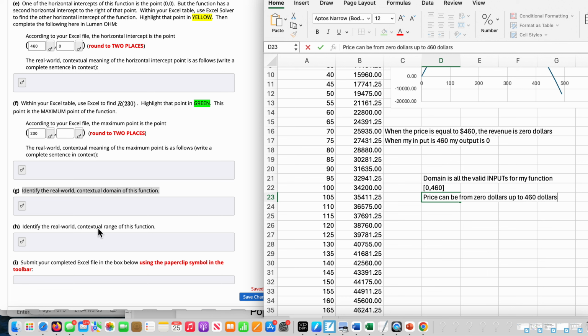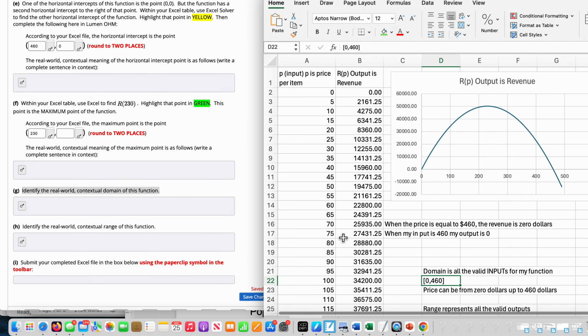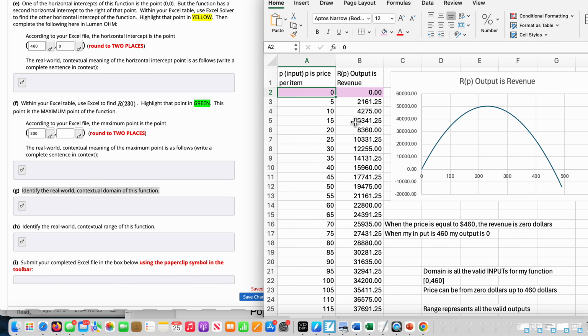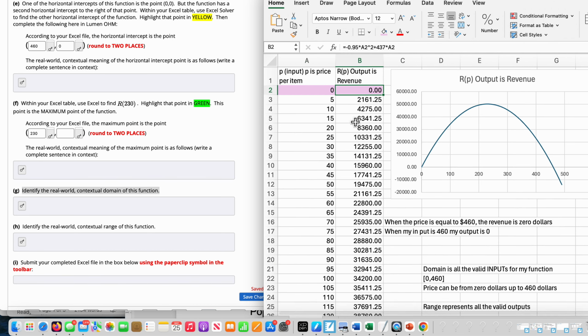And then for my range, I'm going to say range represents all the valid outputs. So when I do my range, I want to start with my domain. I want to find the y value that goes with an input of 0. If my price is 0, my revenue is 0.